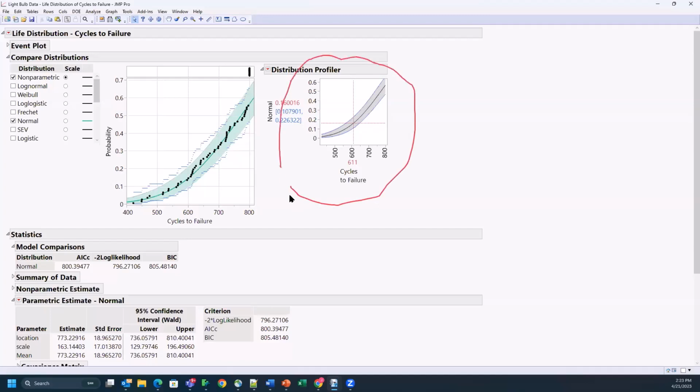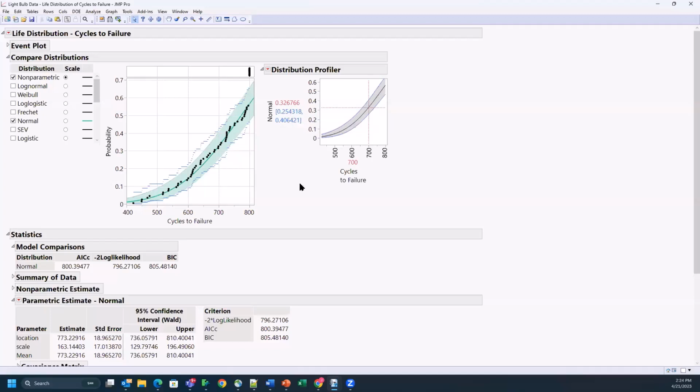This is that first distribution profiler that we saw in an earlier slide. And if we wanted to say at 700 cycles, what percent of our product do we expect to have failed? Well, our best guess is 32.6% within those confidence intervals there.